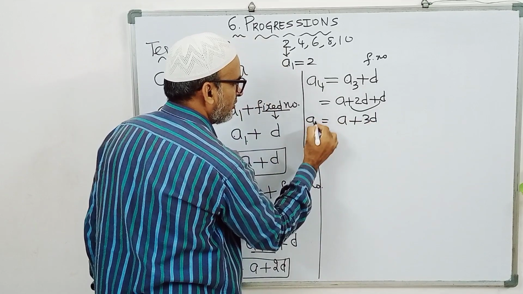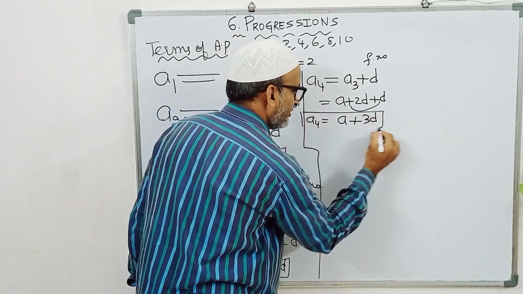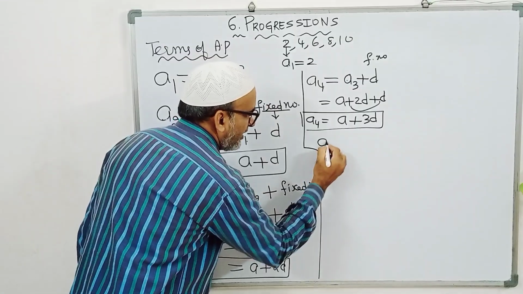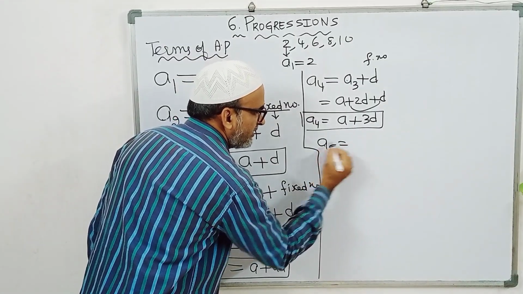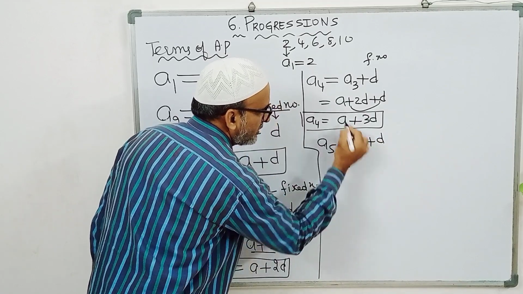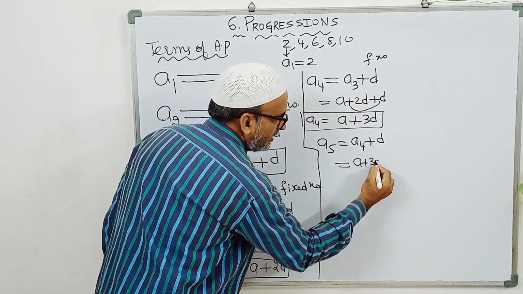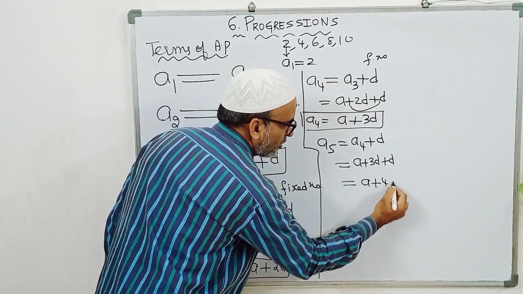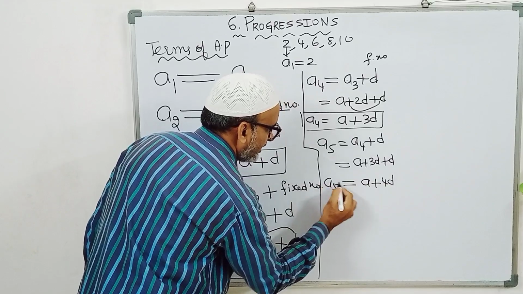This is the value of A4. Understood, I hope. Next is A5, equal to its previous term A4 plus D. A4 is A plus 3D, plus D is equal to A plus 4D. This is A5.